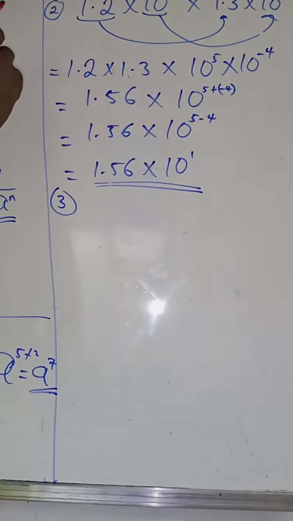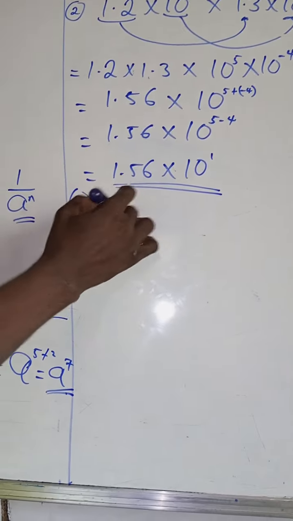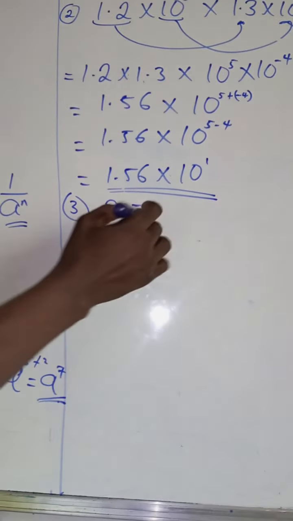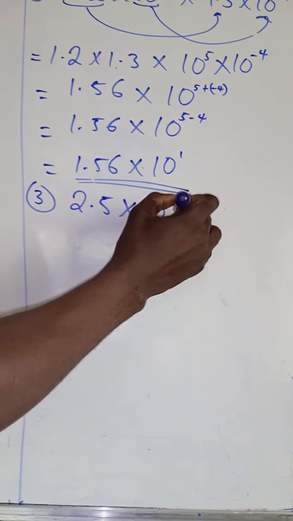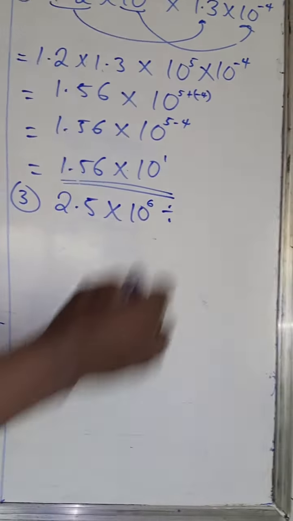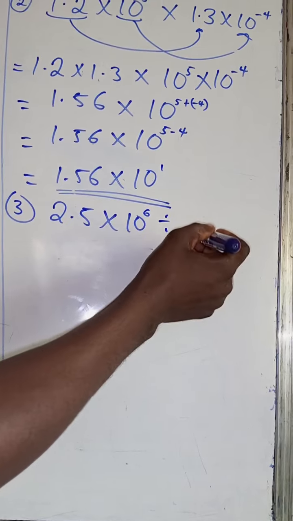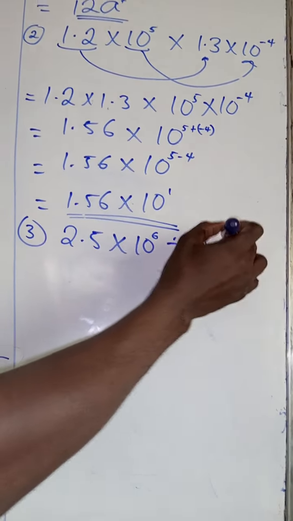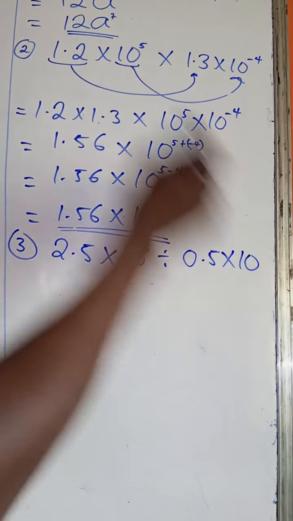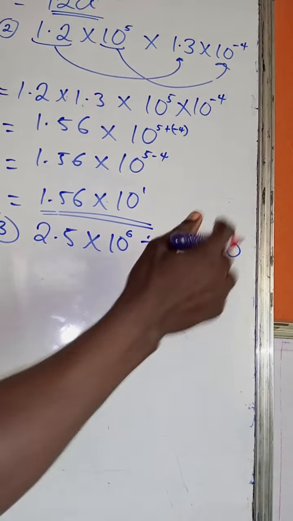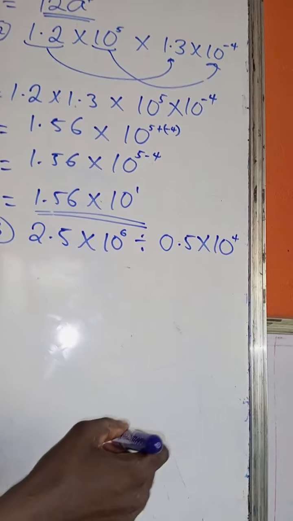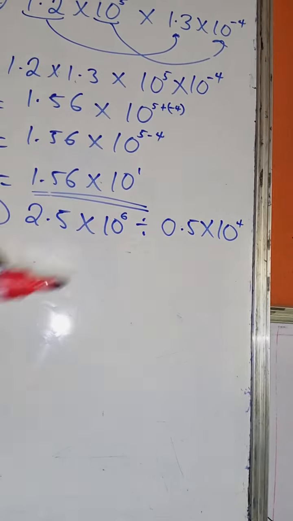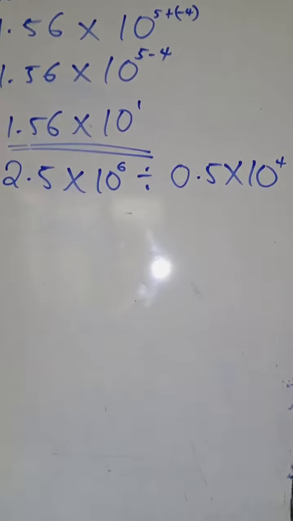Lastly, let's say we have 2.5 times 10 raised to power 6 divided by 0.5 times 10 raised to power 4. Let's quickly solve this.